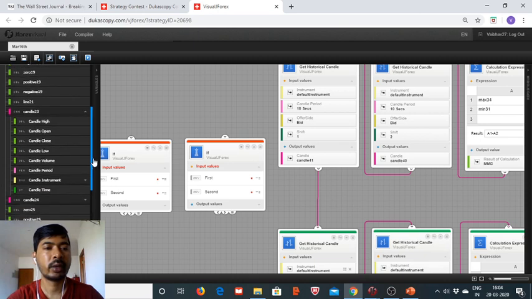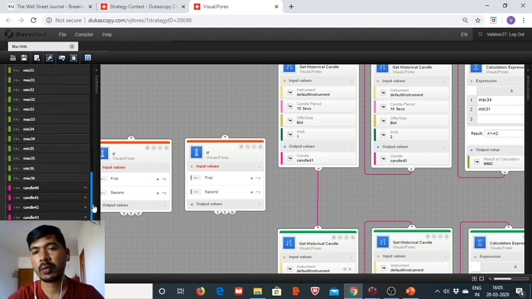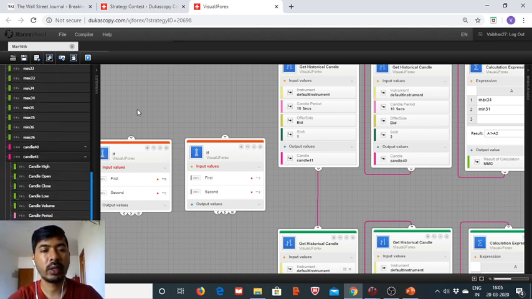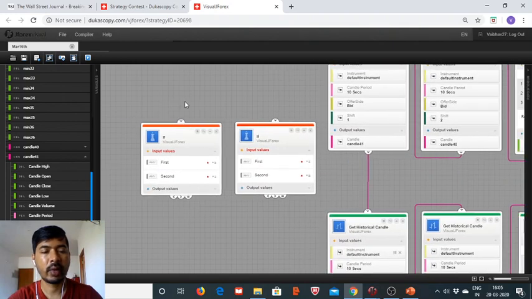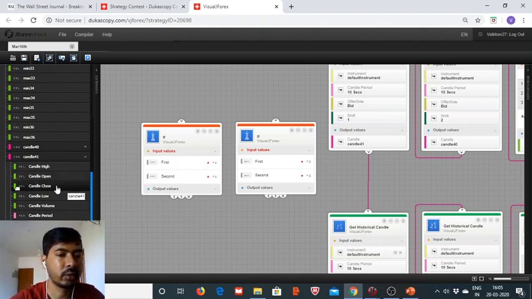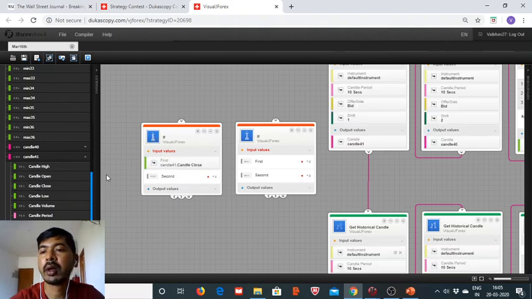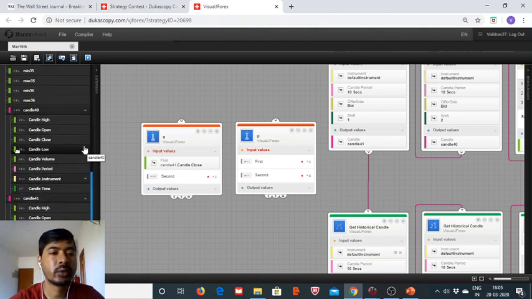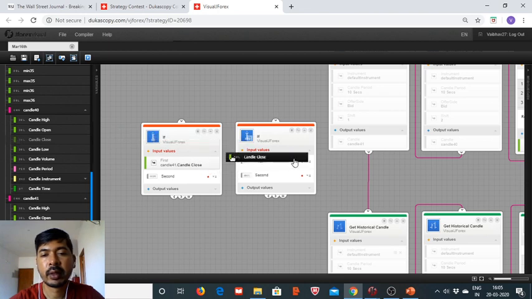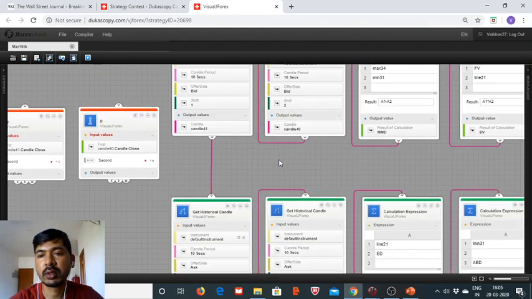We will need candle 41's close to be higher than the buy execution price, which we have defined using the calculation expression and the ATR. So we take this candle close and also the candle close of shift 2, and we now compare this value to the buy execution difference.